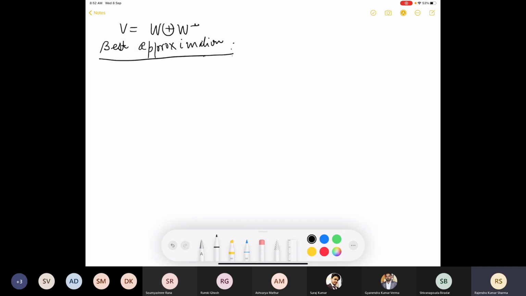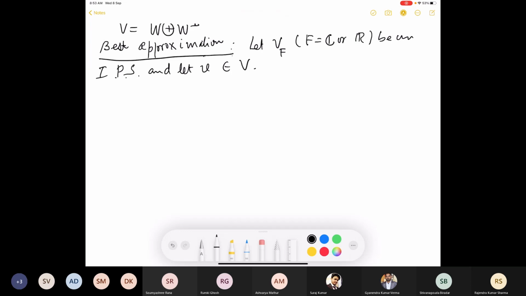Okay, so let us take V over F, where F is R or C, to be an inner product space over F. And let us take v to be a vector in V, and let W be a subspace.